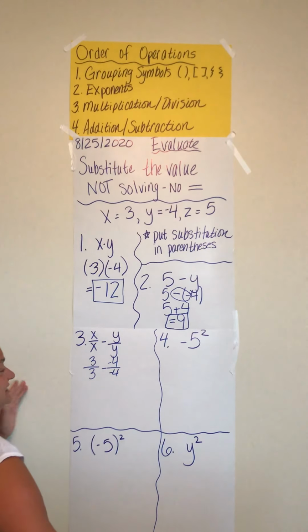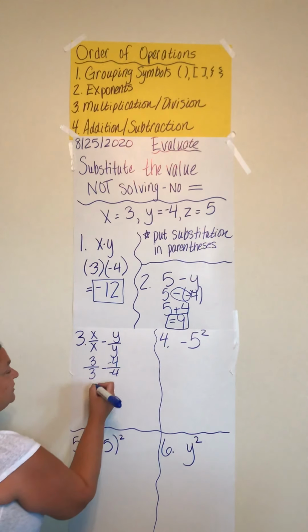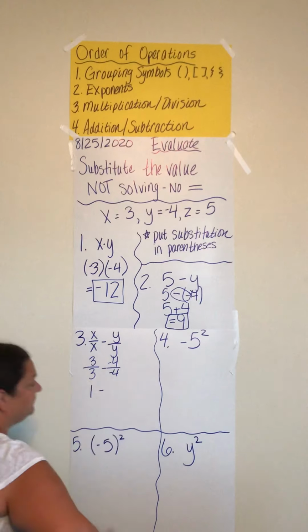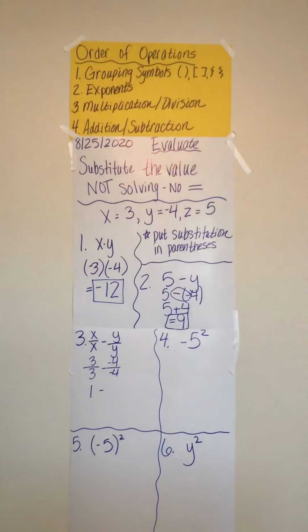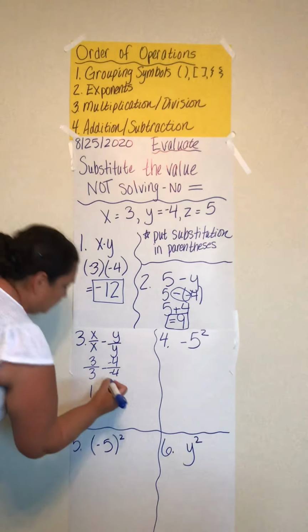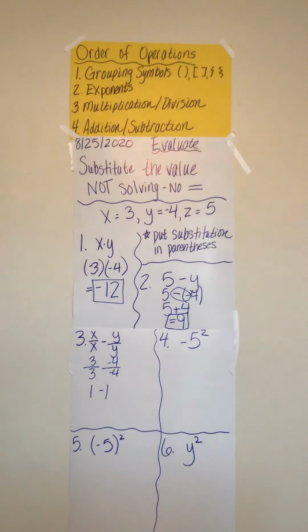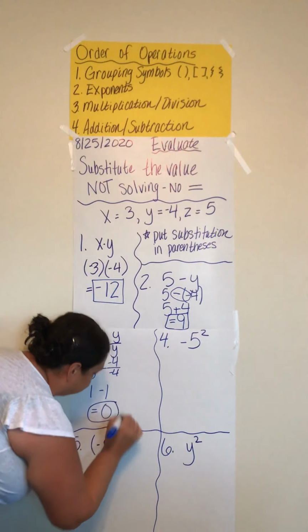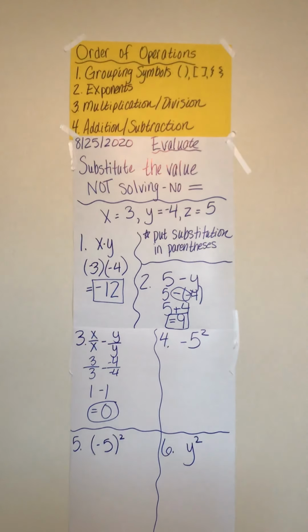And that stuff you can easily just put in your calculator. 3 divided by 3, 1. We'll bring down the rest of the problem. -4 divided by -4 is 1. So our math problem now is 1 minus 1. And that would give us 0.